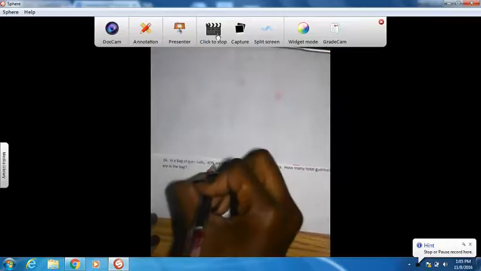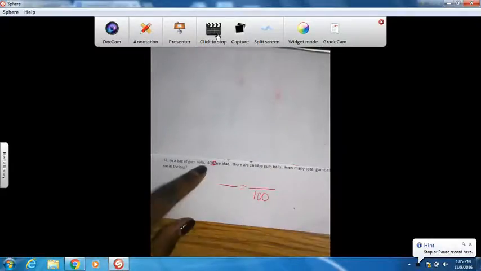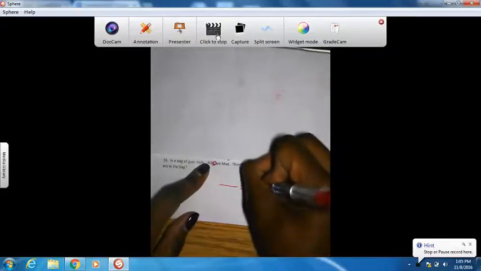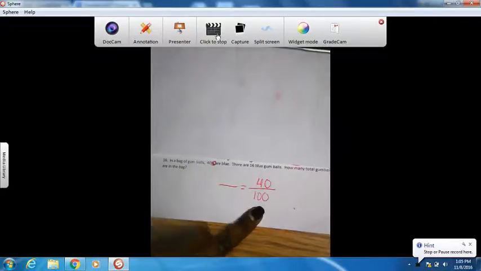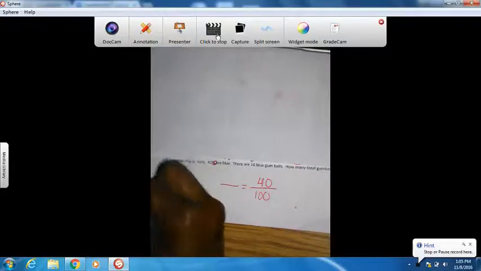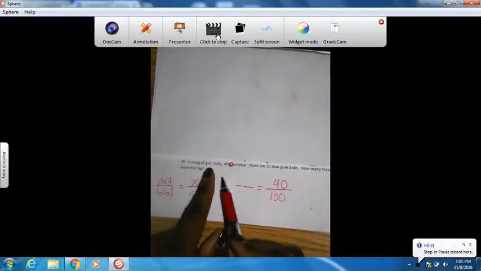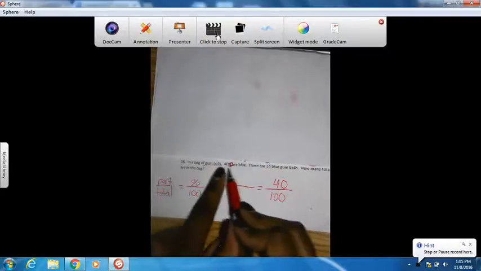So, percent. As soon as I see that percent, I'm going to set up a proportion with one of the denominators as 100. In this case, it told me that we had 40%. So let's see if we can figure out what our part and our total is. Well, first of all, what are we talking about? In a bag of gumballs, 40% are blue.